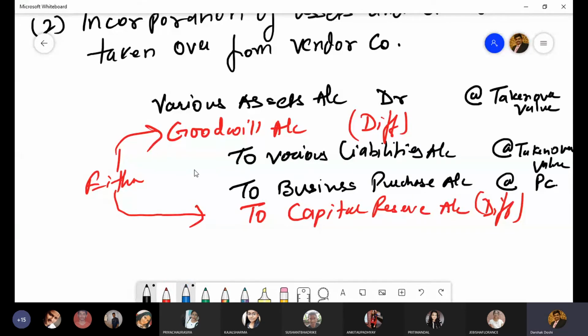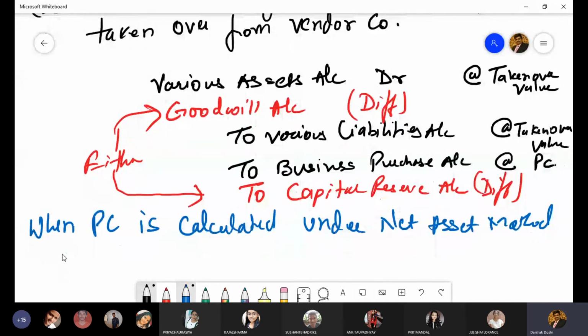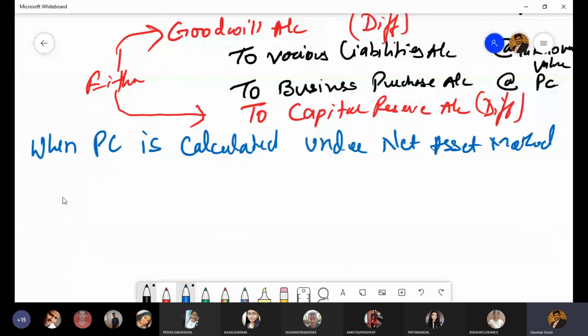I'll write down a note. When PC is calculated under net asset method, no difference arises.